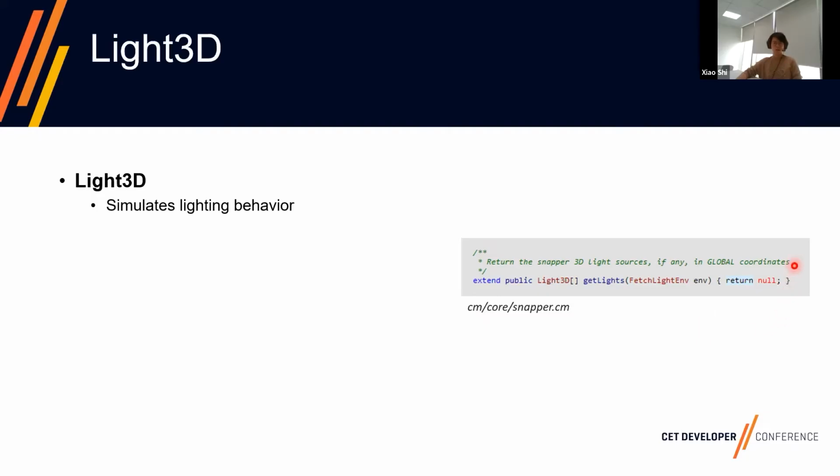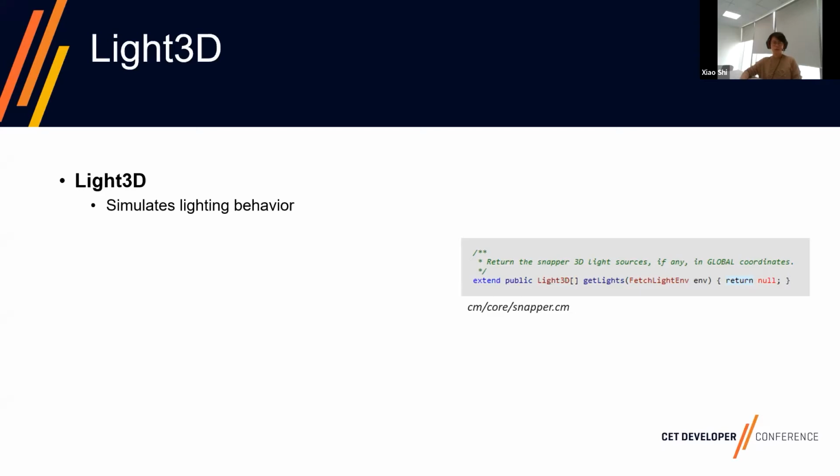So if you have your own lights, you need to fill in some Light3D and return it. And this Light3D is a type of 3D, but it's not for you to look at. It's a 3D that's simulating the light behaviors.